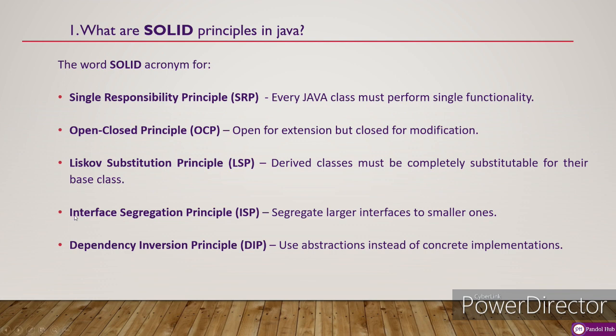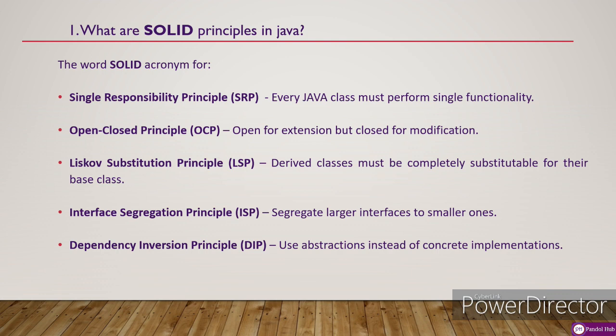Next, going on with I, which is the interface segregation principle. Here it says to segregate larger interfaces into smaller ones. This is similar to the single responsibility principle, where you have a single responsibility for each class. When you are developing code, you may come across different functionalities or different use cases or user areas.